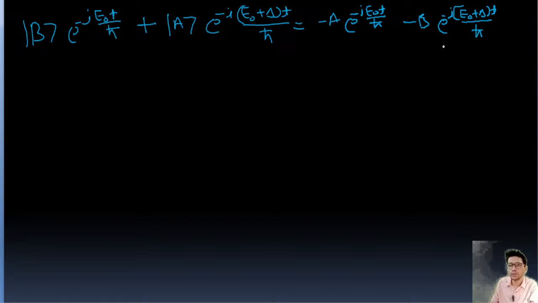Now what we can do is call this equation 1, and now we can compare the coefficient of A and B. Okay, so this is the coefficient of A and B, right?